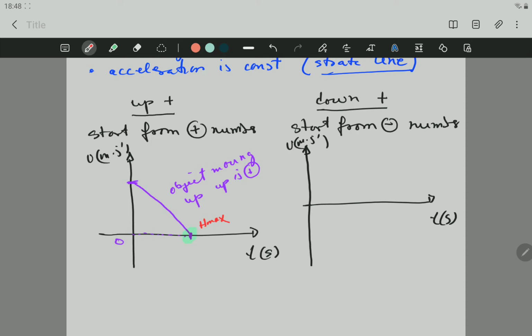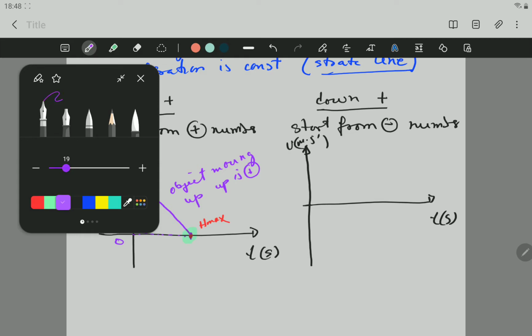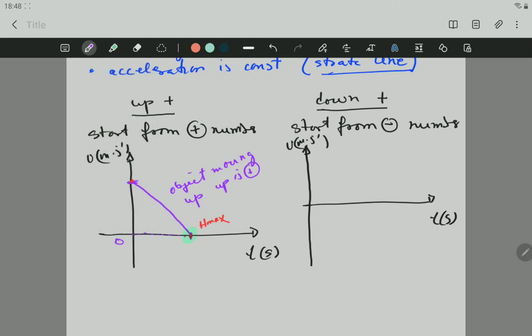So this is the first graph. Object moving up, up is positive. You're starting from a positive number, you're going down to the x-axis, and that represents the maximum height. If on the other hand, we say now down is positive, then you're starting from a negative number, and it's going all the way to the x-axis.